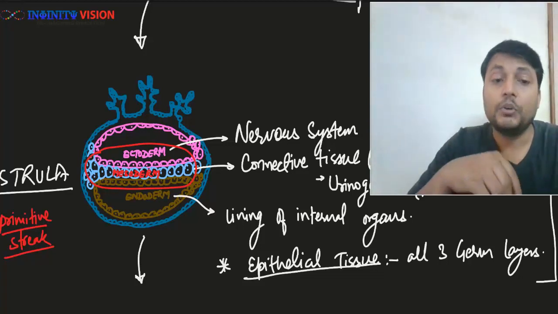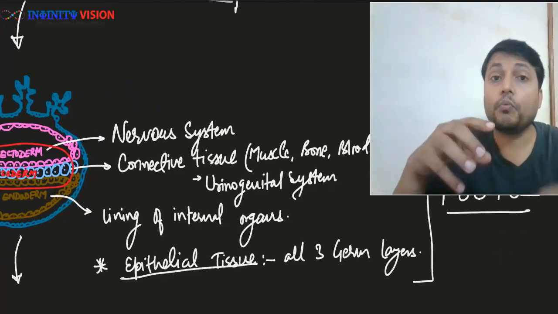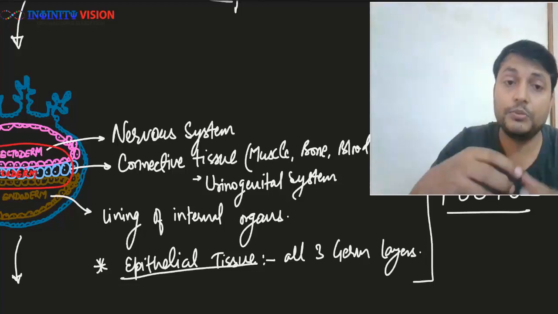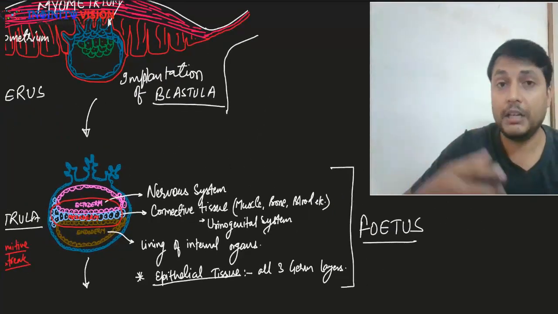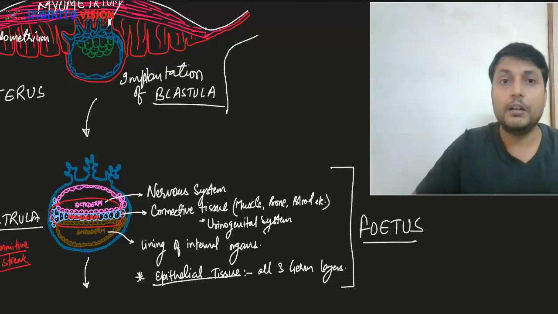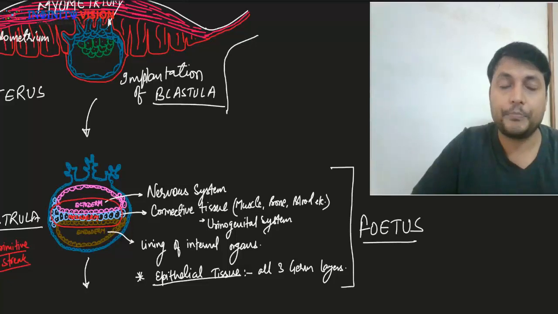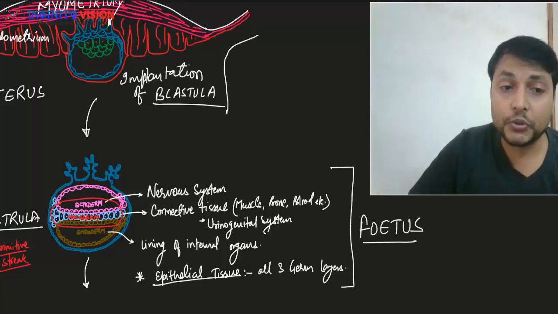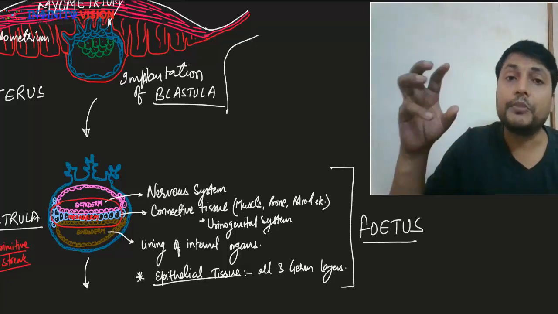Okay, now let us see which germ layer forms what kind of organs or tissues in our body. Now this is called the fate of the germ layers. Fate matlab bhavishya, right? So if we look at the ectoderm, the ectoderm is going to form the nervous tissue.